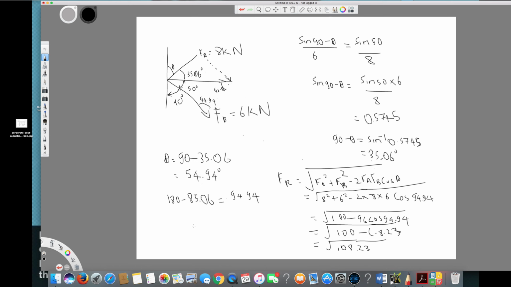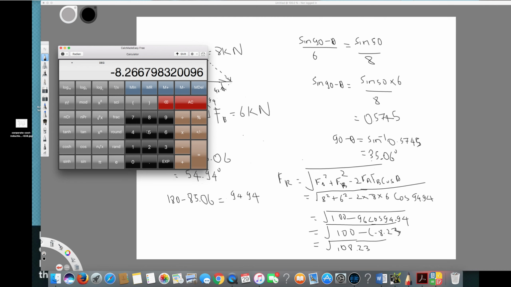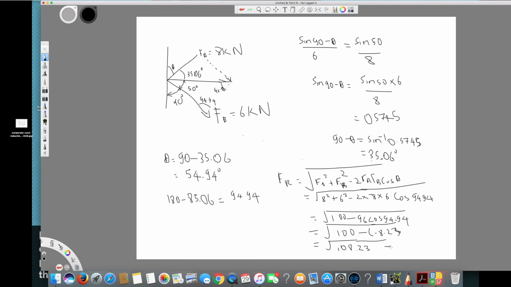Now I'm going to find the square root of this. The square root of 108.23 is going to be 10.4 kilonewton.